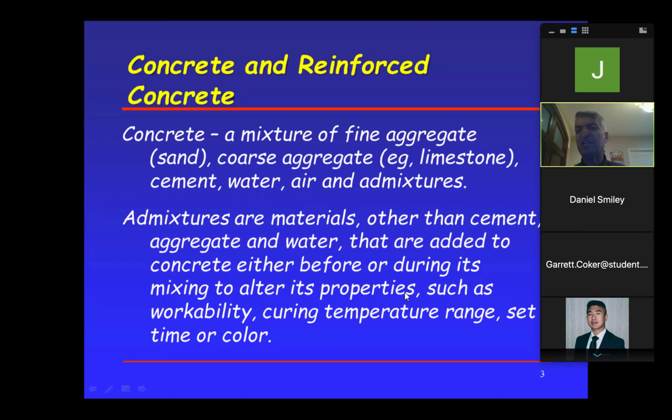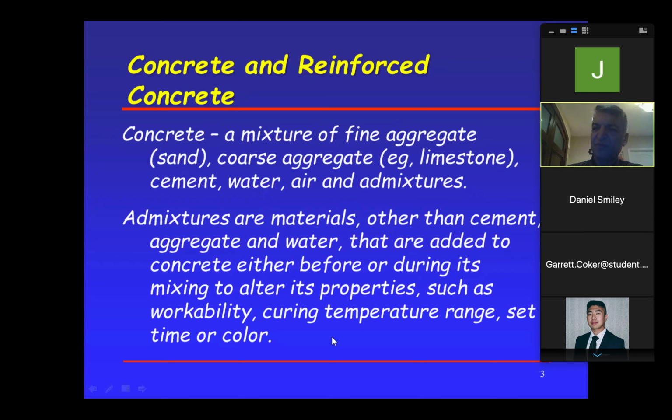See that? We want to change the properties of it, such as workability. Make it more workable, easier on the workers. If it's too stiff, and I cannot add too much water to it, the mix is going to be too stiff. It's not going to be easy on the workers. So to improve workability, that's something you do.